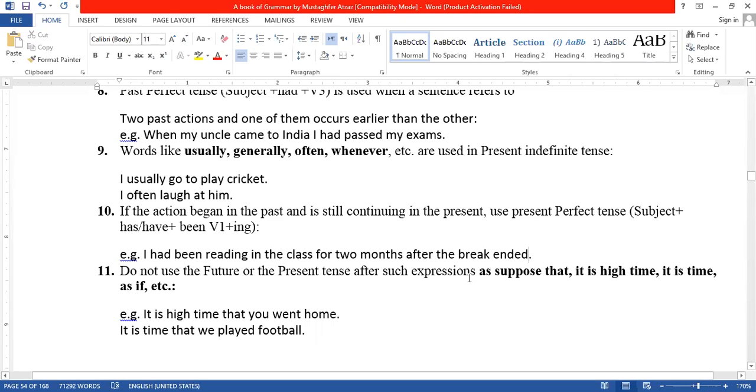Okay, 2 months. I thought that it is 2 hours, so I can change it. I had been reading in the class for 2 months after we shifted here.